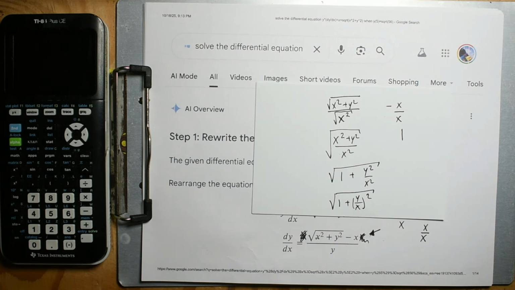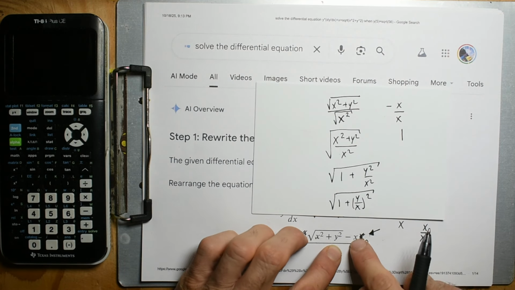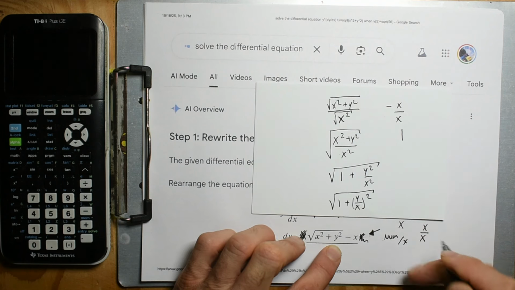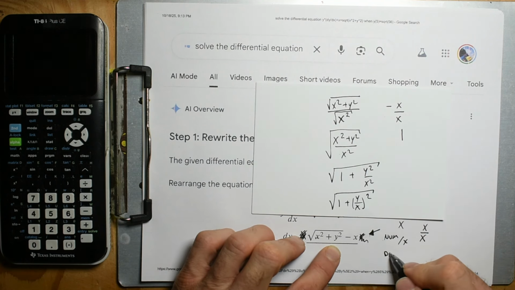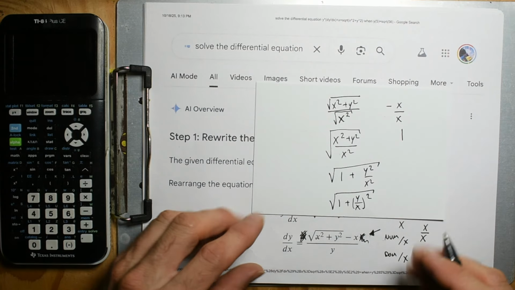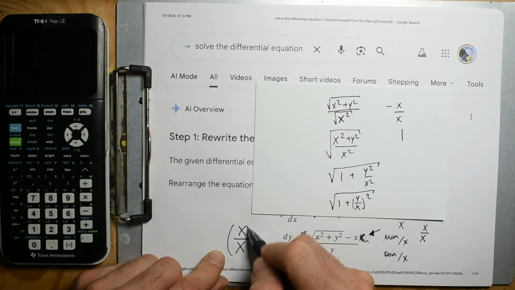Alright, hell yeah, and now I know why I'm confused. I just took these two values and divided by x, and that's in the numerator. I also have to take the denominator and divide by x. It's bizarre because all we're doing is taking this equation and multiplying by x divided by x.